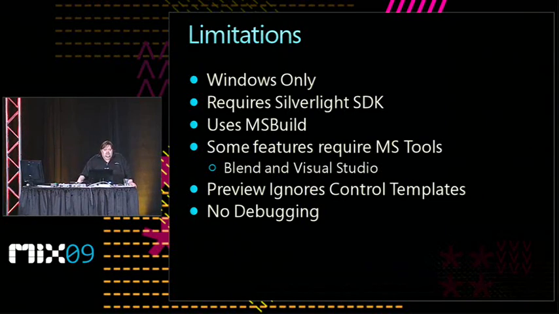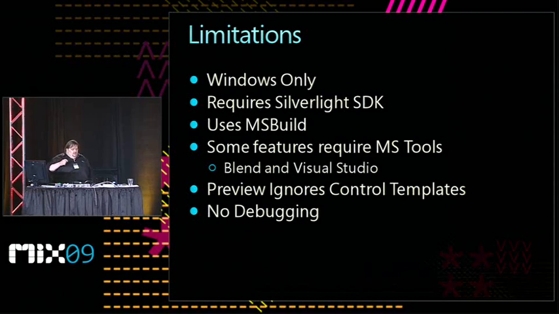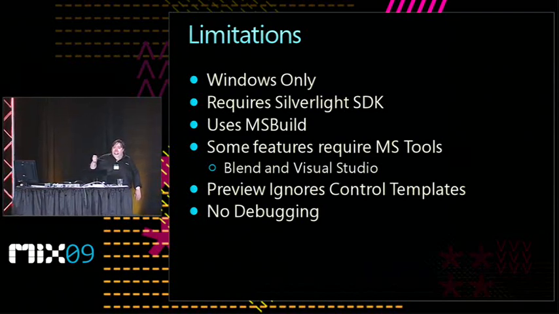But the MS Build story is important here because all the current plugin is doing is executing the CS proj or the VB proj into MS Build. It's doing the same sort of build that Visual Studio is doing. Now, this is a benefit on the Windows boxes because that means that we can get all the facilities of Visual Studio.